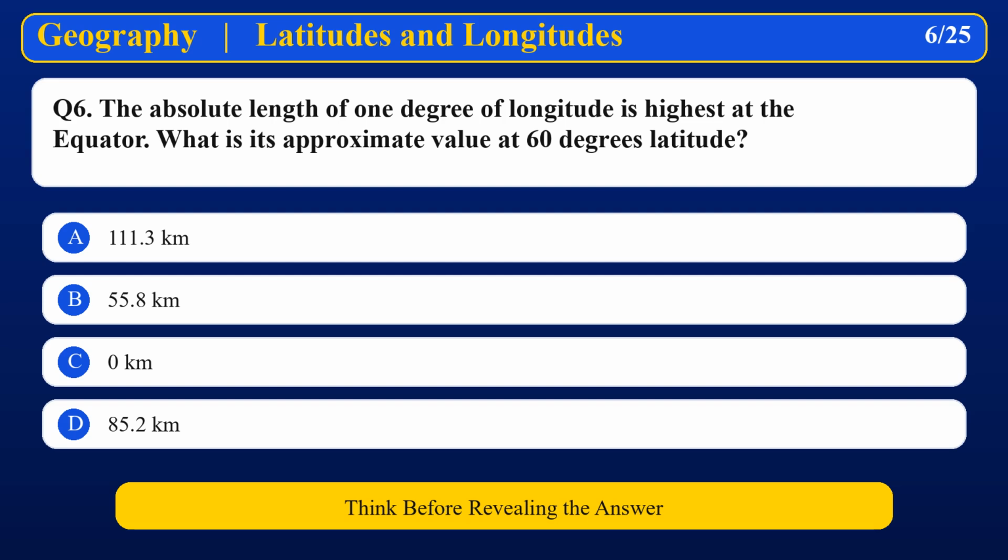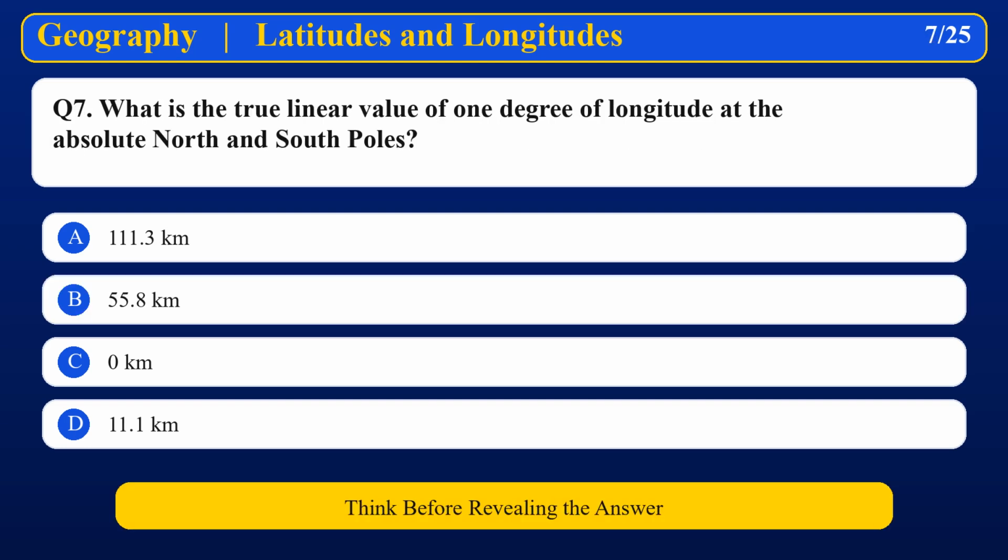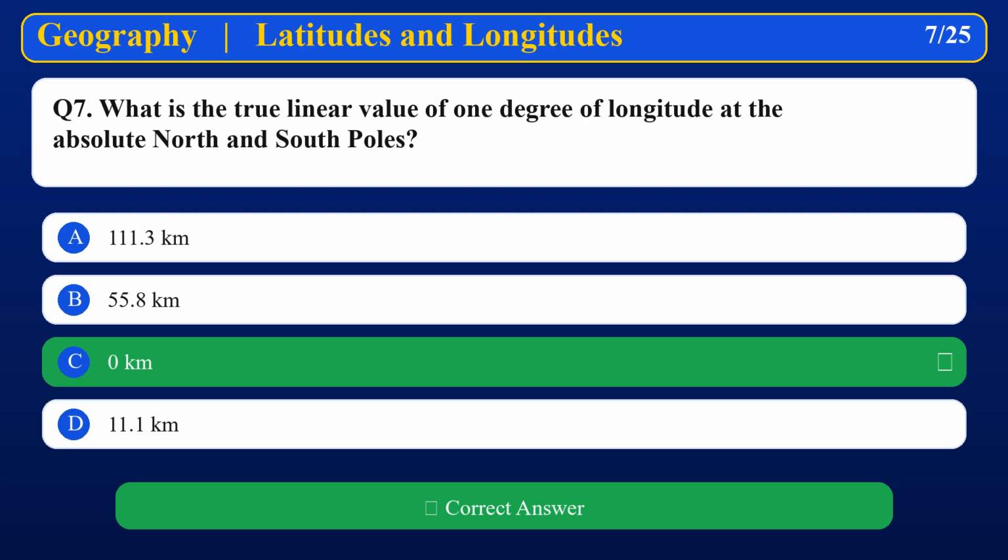What is its approximate value at 60 degrees latitude? 55.8 kilometers. What is the true linear value of 1 degree of longitude at the absolute north and south poles? 0 kilometers.